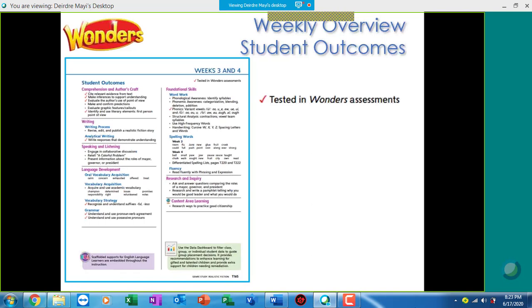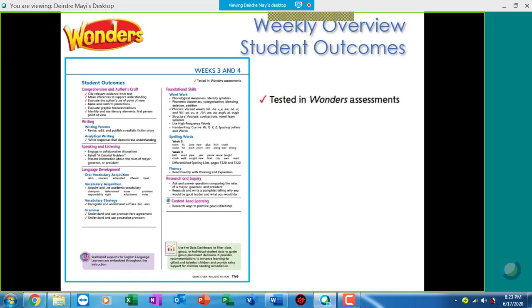Now, you should know that SCS is arranging the curriculum maps that you will use. The curriculum maps will be your ultimate arbiter of what you will do within Wonders. So as I talk through what's available in Wonders, please know that it is your curriculum map that will guide you.